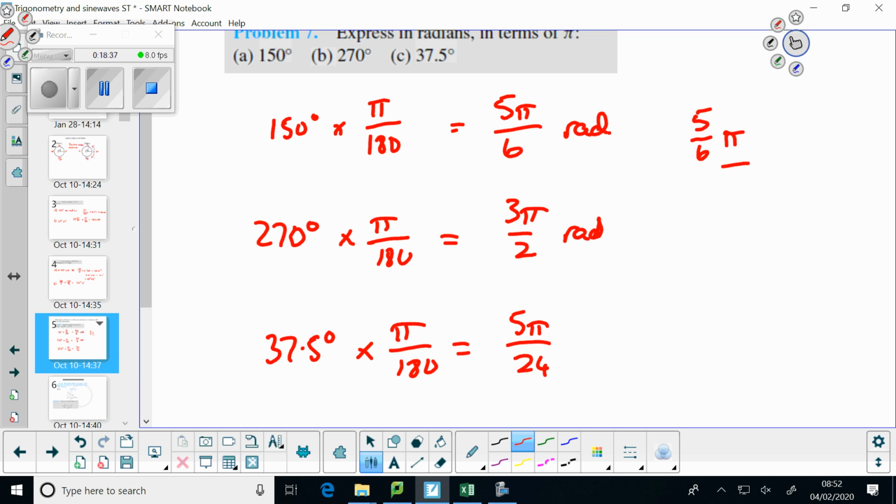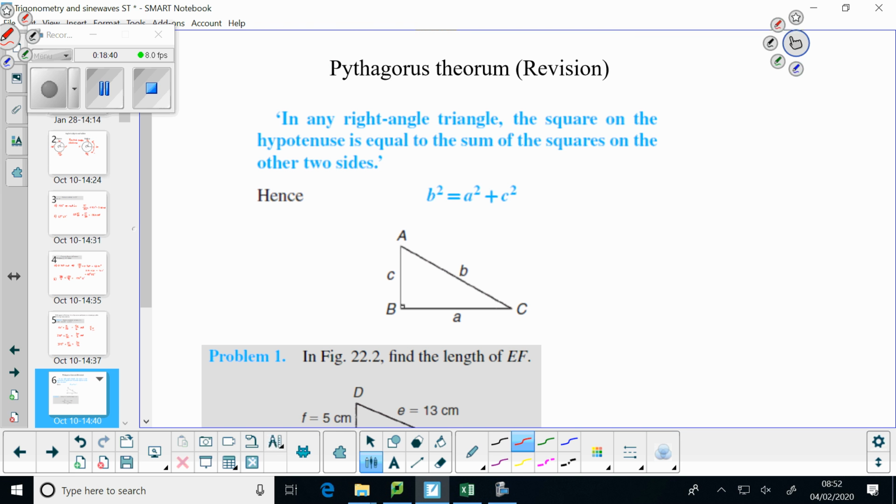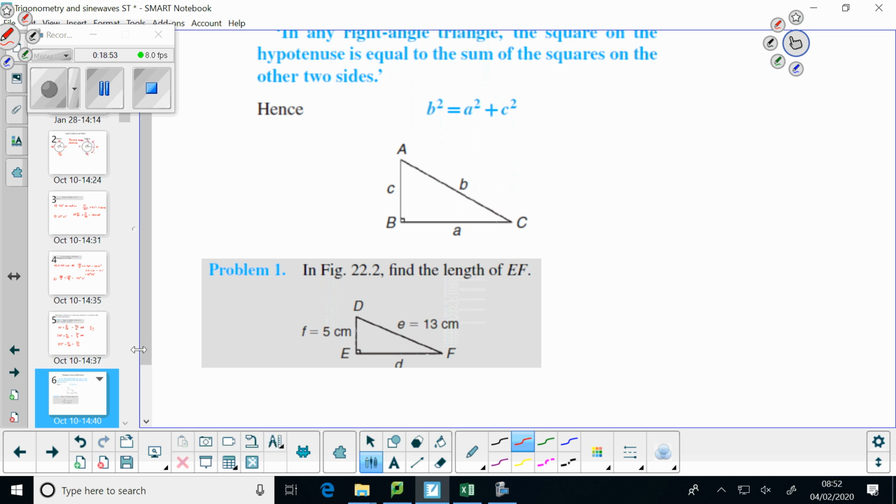Right, again, Pythagoras' Theorem. That is, in any right angle triangle, the square on the hypotenuse is equal to the sum of squares on the other two sides. I think you all should be pretty familiar with this from school.